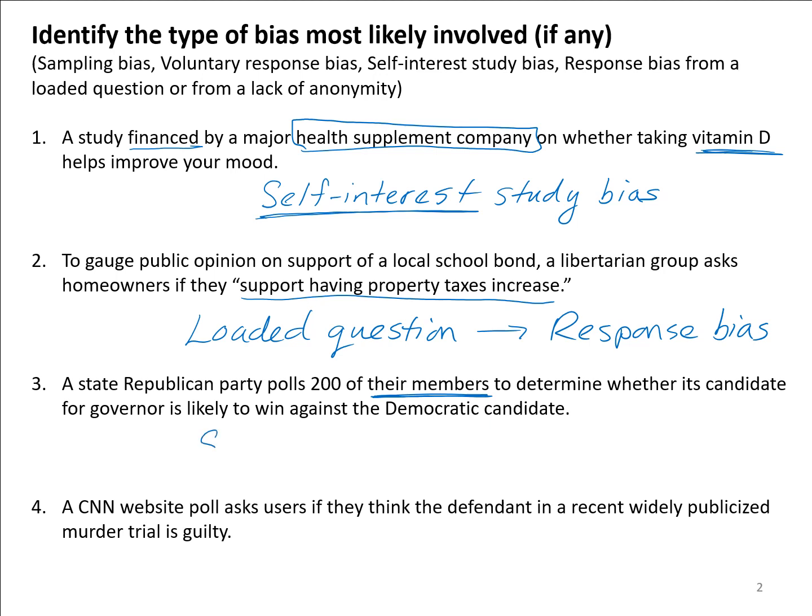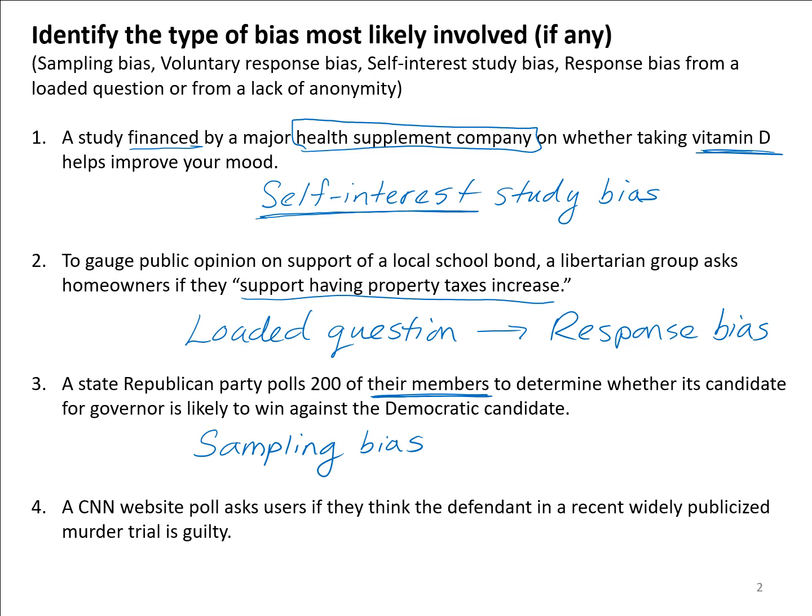So I would say this would be sampling bias, because who they're choosing to poll is not representative of who might actually be voting in the election. These would be some people voting, but it would be a very distinct group that they are interviewing, not a more general group. So sampling bias because they're only interviewing Republicans.